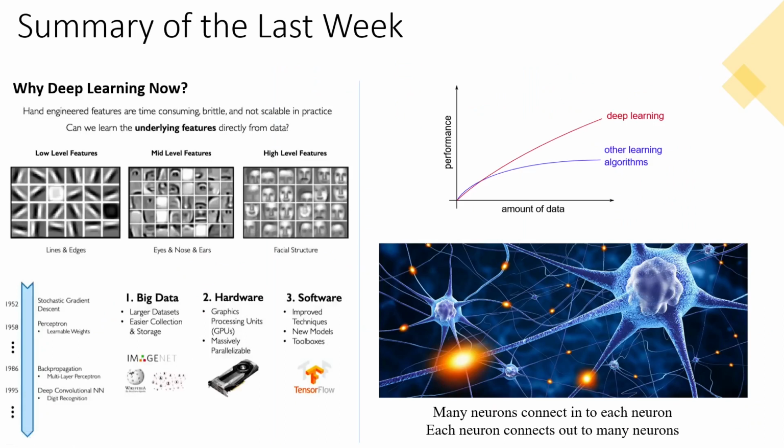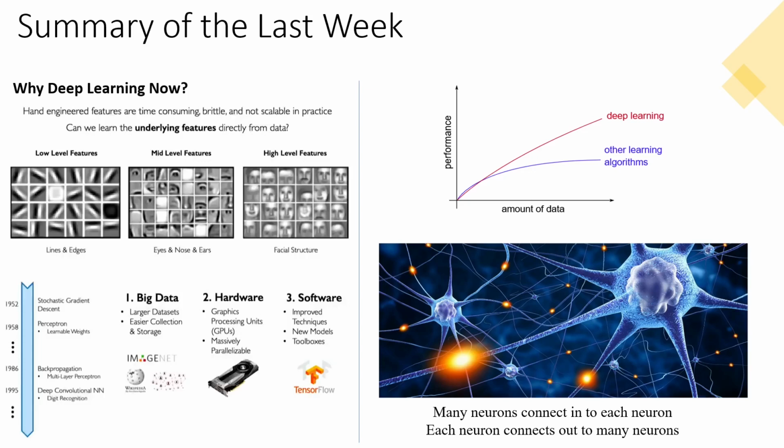Let's first remember why we basically need deep learning. If we don't use deep learning, if, for example, we use conventional artificial intelligence for image processing, then we need to somehow decide on low-level or high-level features for our problem. And if we decide on this kind of feature, that's called handcrafted features, we may not be able to choose the best feature for our problem.